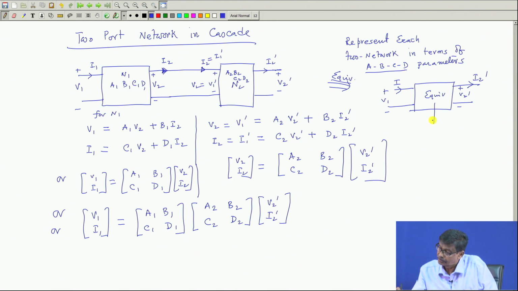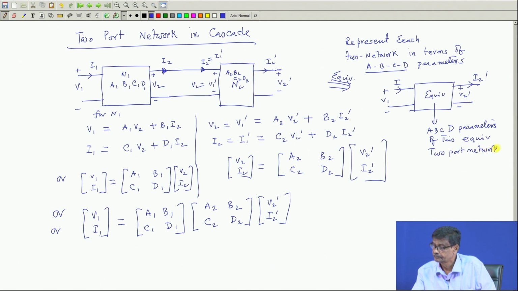So, overall the ABCD parameters of this equivalent 2-port network will be the product of these two matrices, because this is a product.